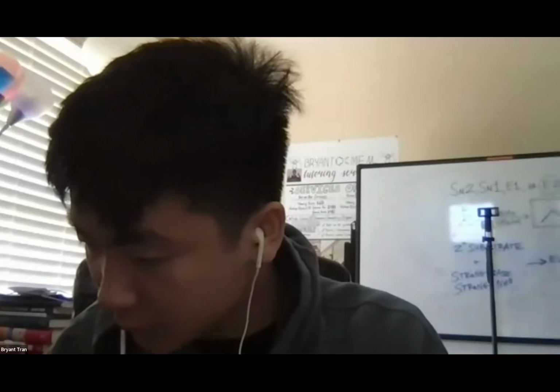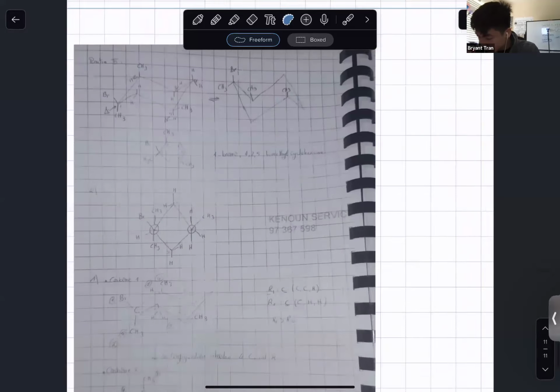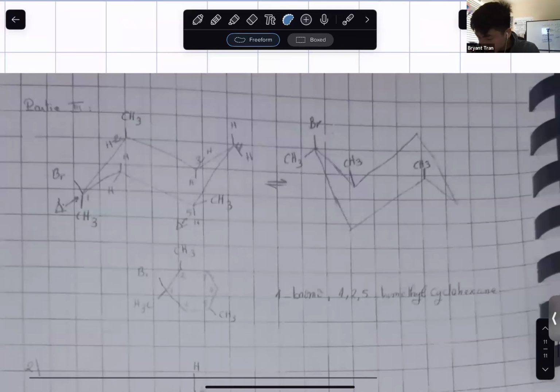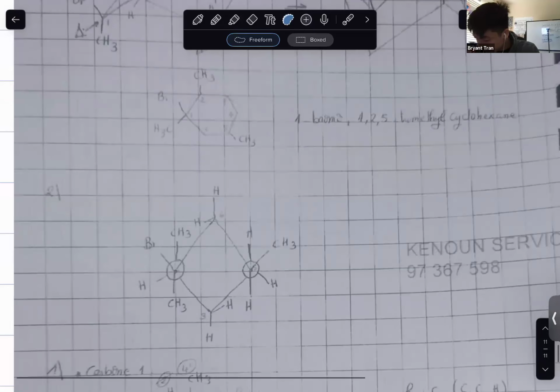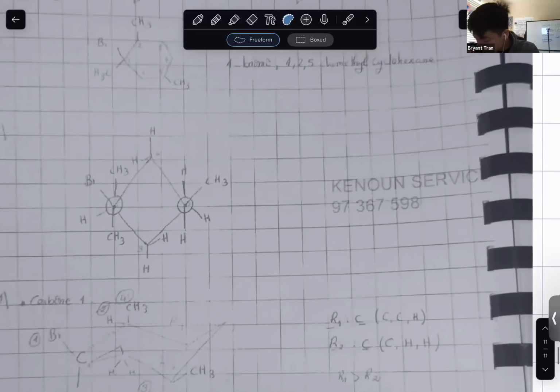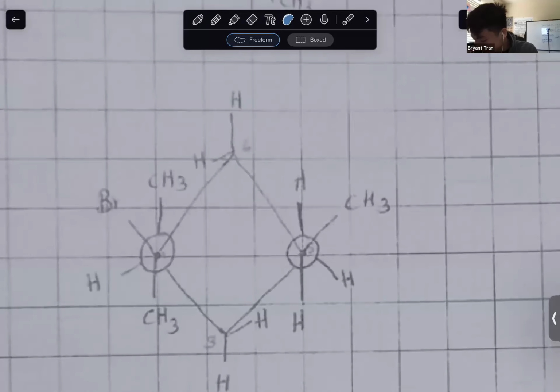Okay, I'm going to share my screen again. Did he do this diamond shape or triangle structure here as well with the Newman projections?